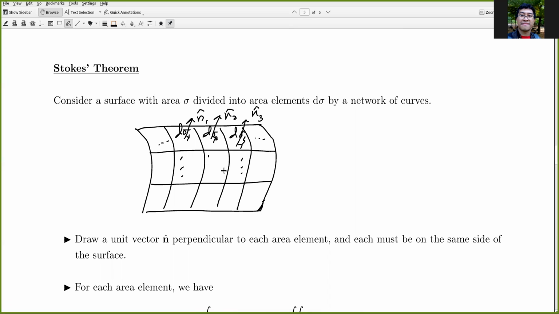And the direction of circulation is such that, again, when our right hand thumb is in the direction of n, the way our fingers curl would be the direction of our circulation, like this.